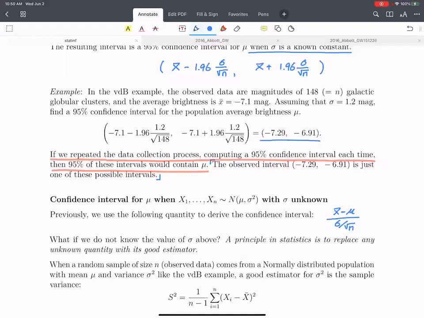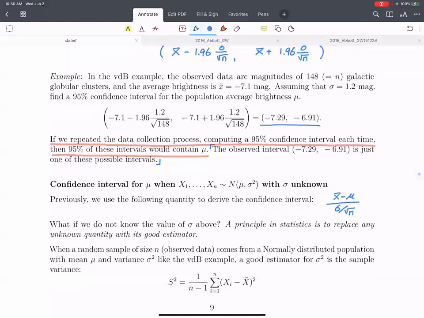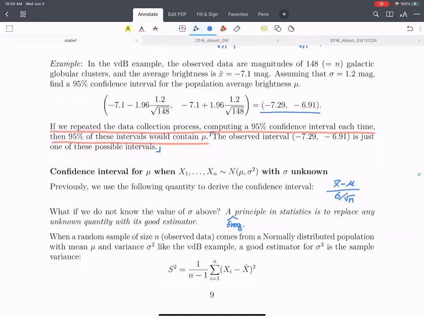What happens if it is not known? A frequentist principle in statistics is to replace any unknown quantity with its estimator. So what will be a good estimator for sigma?